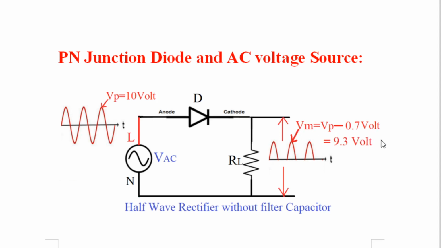Or, if you rearrange the terms, VP is equal to VM plus 0.7 volt, and VP is nothing but the applied input voltage. VM is the voltage across RL, and 0.7 volt is the voltage across the diode.